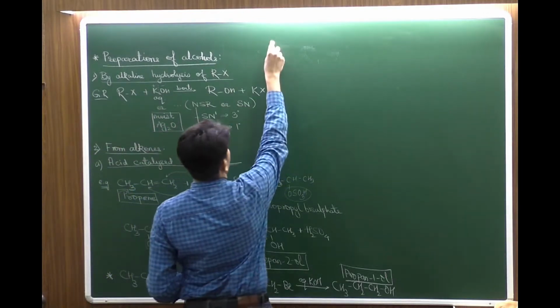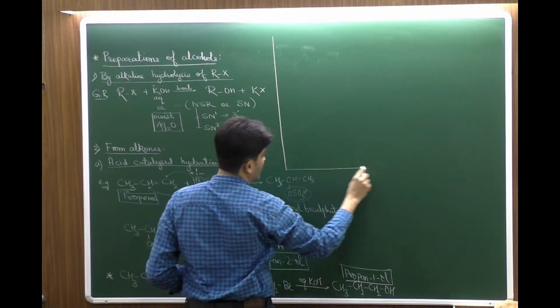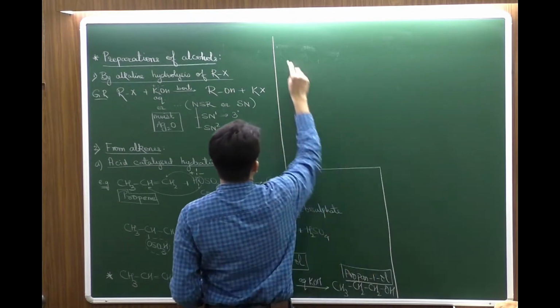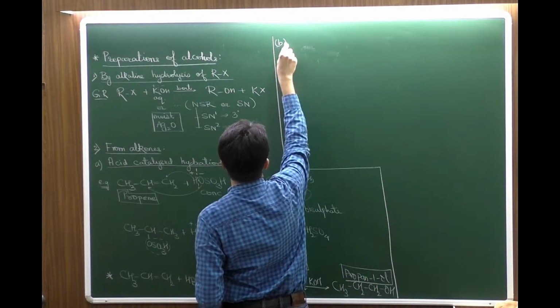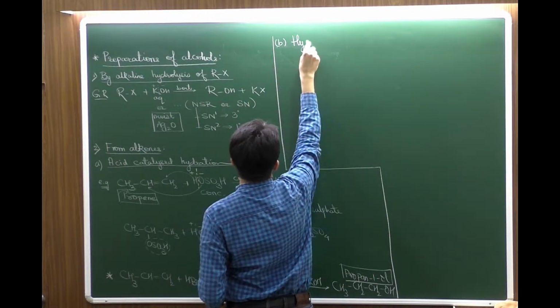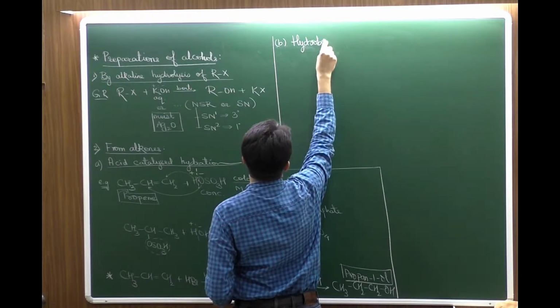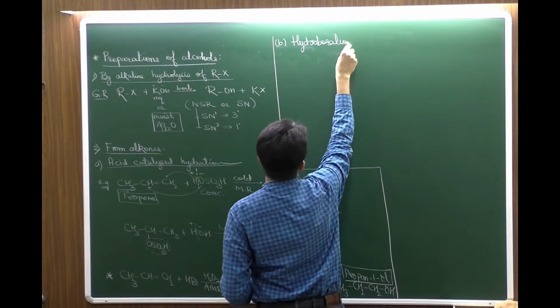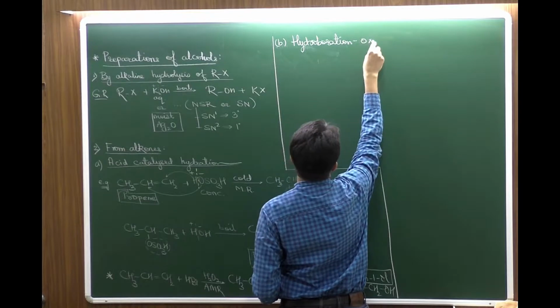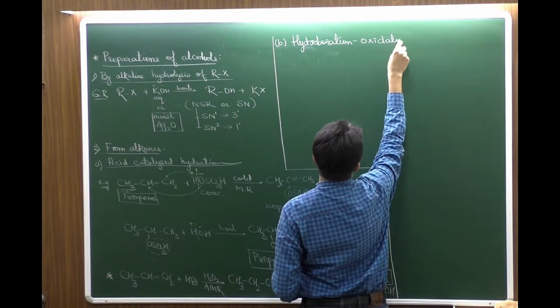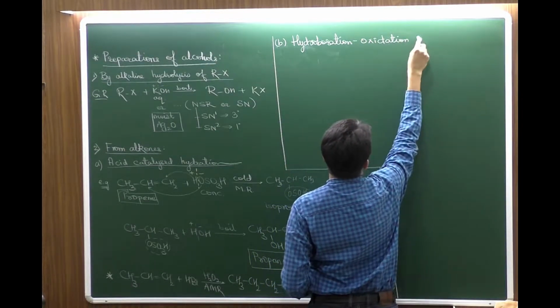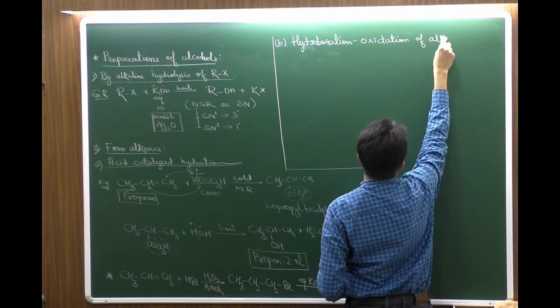This way we can definitely convert into a primary alcohol, but there is a special reaction which is being given to convert an alkene into a primary alcohol, and the name of the reaction is hydroboration oxidation of alkenes.